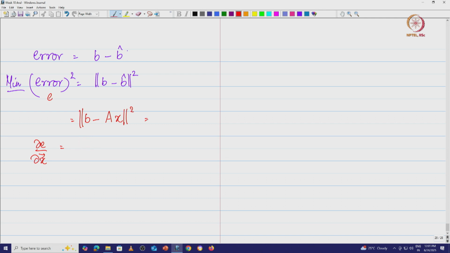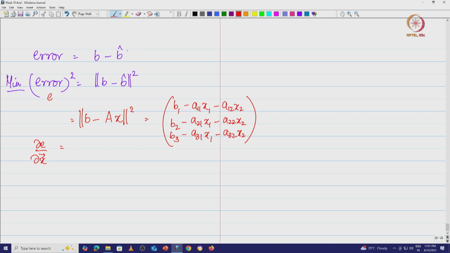So what do I have? I have the length of this vector. What is the vector we have? We have b1 minus a11 x1 minus a12 x2, then b2 minus a21 x1 minus a22 x2, and then b3 minus a31 x1 minus a32 x2. This is the vector that I have, right.